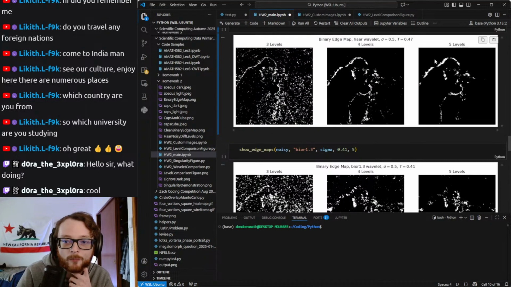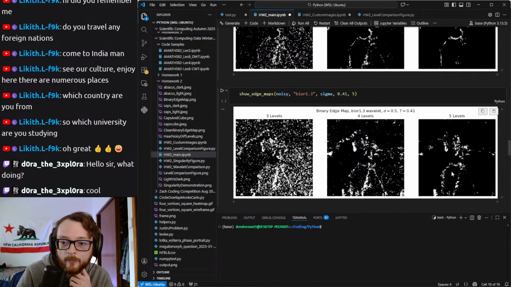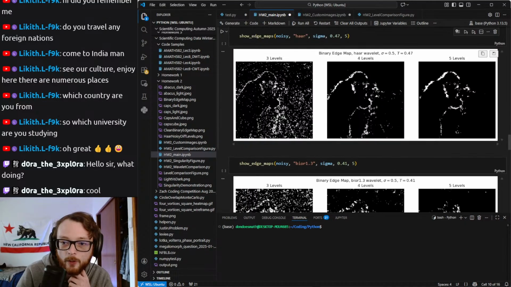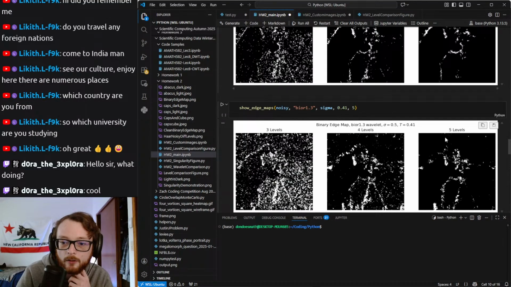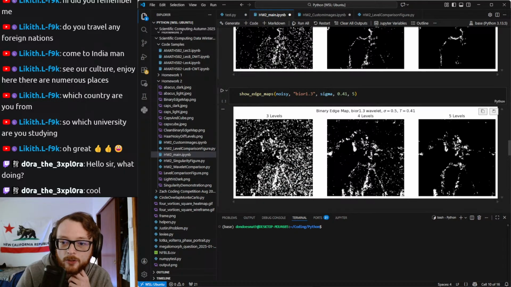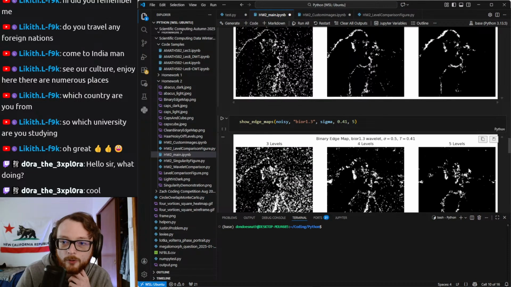I guess if I compare this image right here to this image right here, the top one uses Haar wavelets, which I'm claiming is the good one. The bottom one uses biorthogonal. I'm trying to describe why this one is worse than this one up here. And biorthogonal has completely missed certain edges, and the edges that are there are less precise.